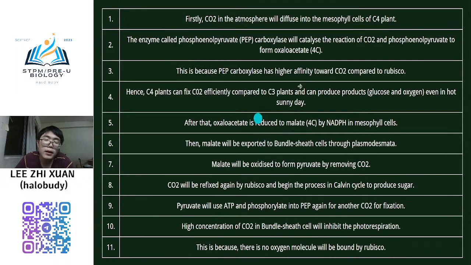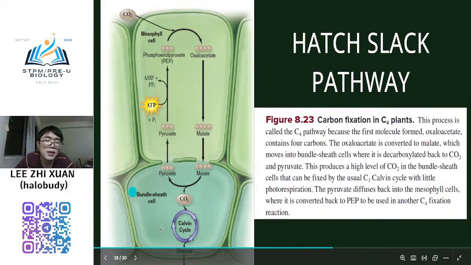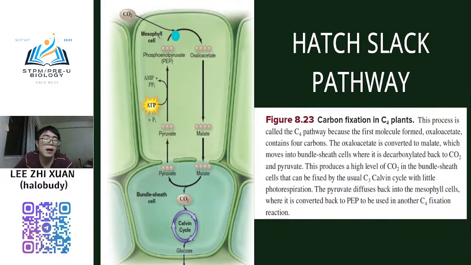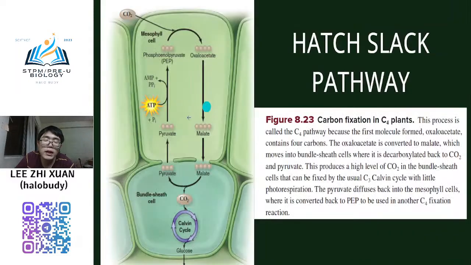Okay, so normally this is all the explanation. So the most important is that you need to know that the mesophyll cell is where the first carbon dioxide fixation process occurs, and then it will directly produce oxaloacetate and then be reduced to malate, and then this malate will enter the bundle sheath cell.